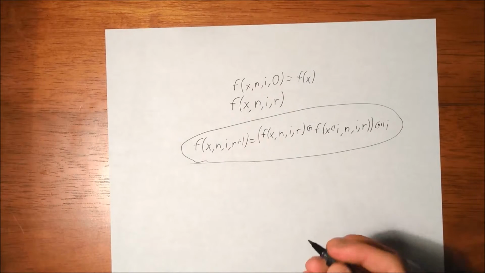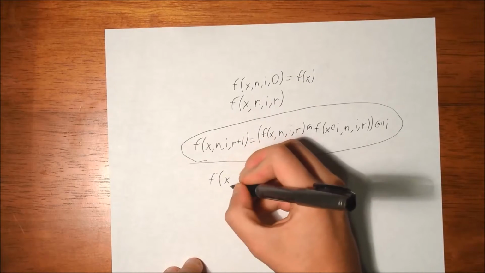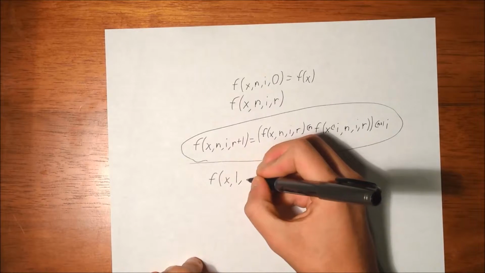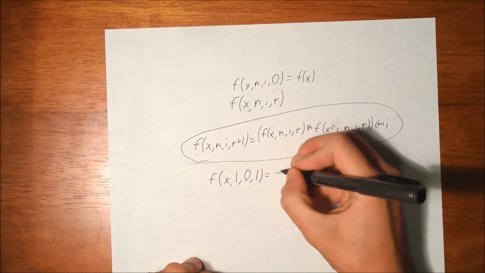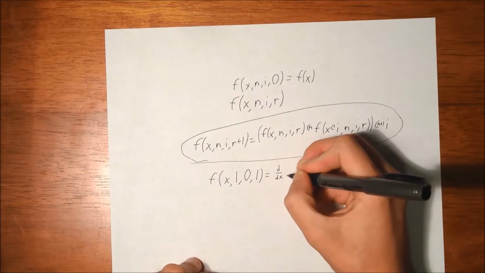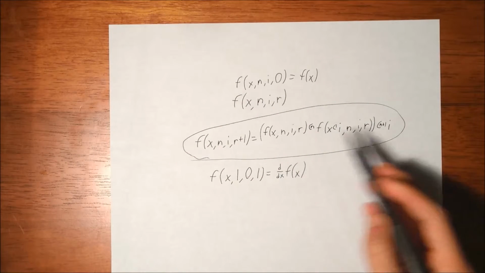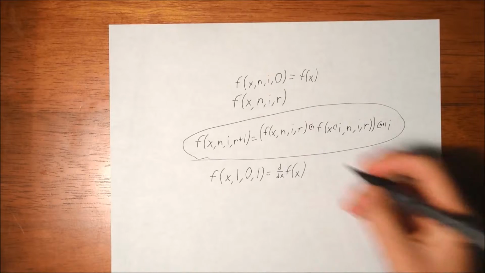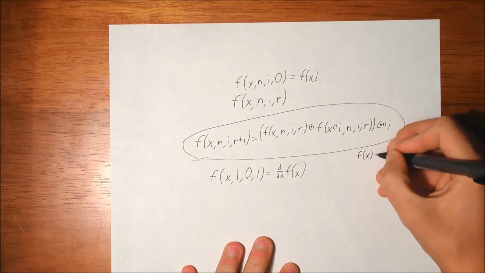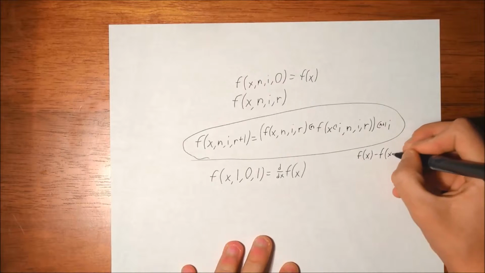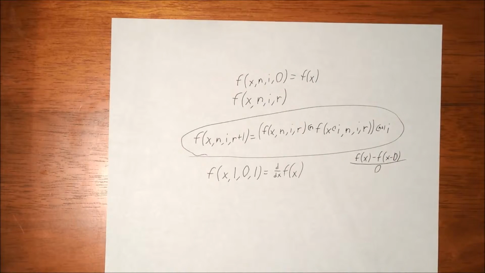Now, the basic derivative is f of x, grade 1, interval 0, and repetitions 1. Because the interval is 0, plugging in numbers would give you f of x minus f of x minus 1 minus 0 over 0.